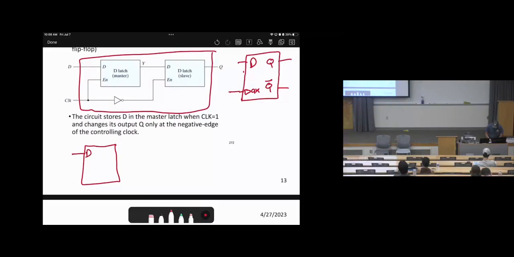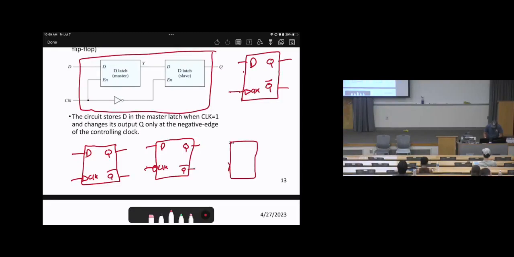Here is D, here is clock, here is Q, here is Q bar. Here is D, here is the bubble, here is clock, here is Q, here is Q bar. Here is D, here is the gate, this Q bar.